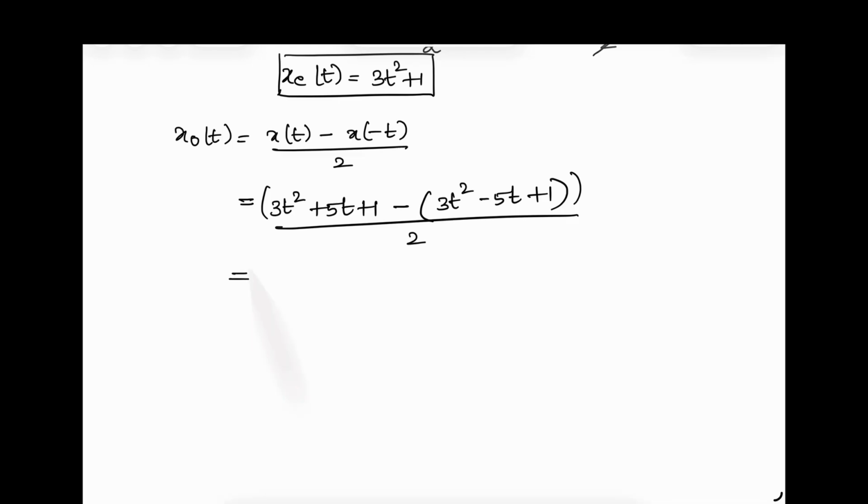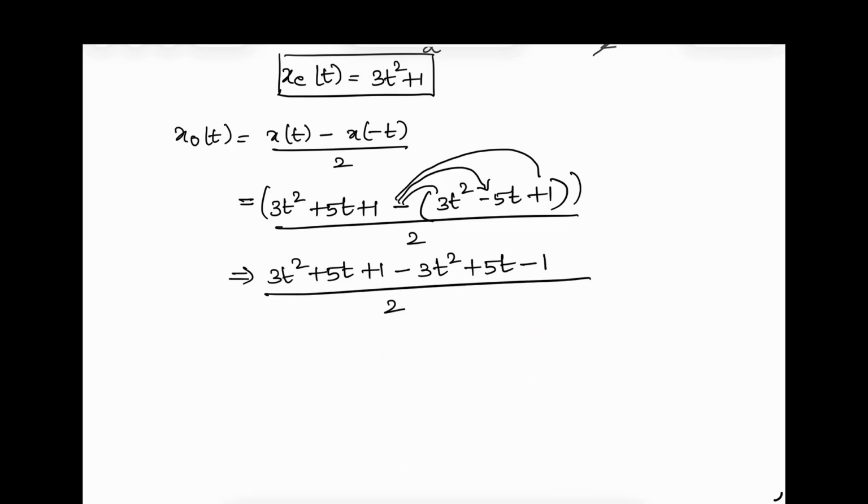Now multiply: 3t square plus 5t plus 1, minus 3t square, minus into minus becomes plus, so plus 5t, and minus into plus becomes minus 1, divided by 2.